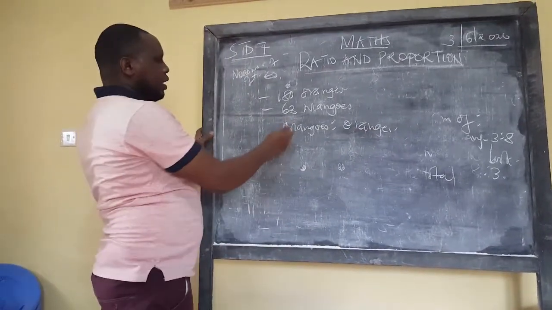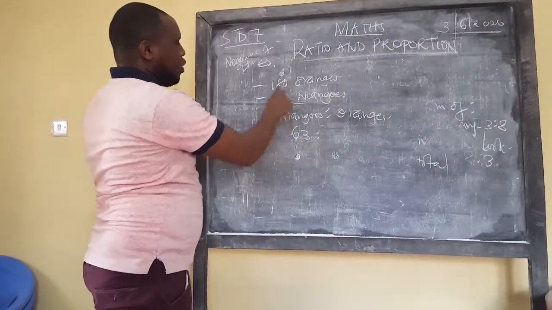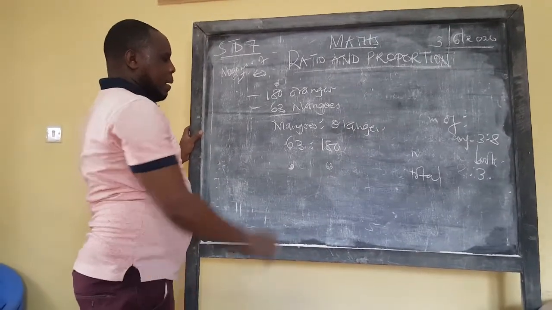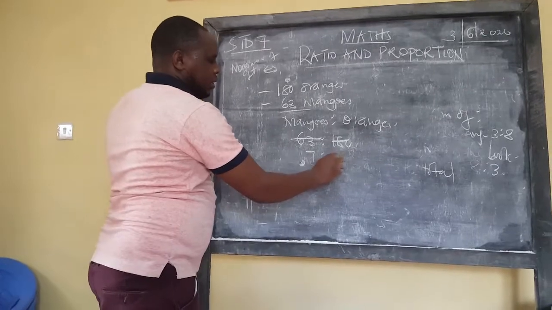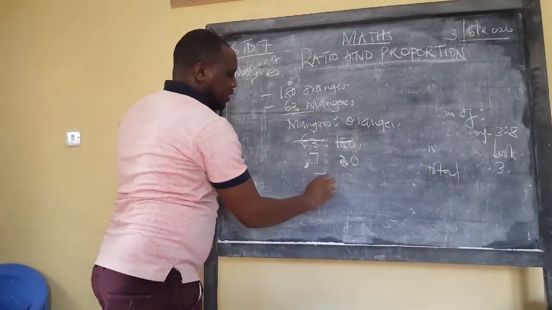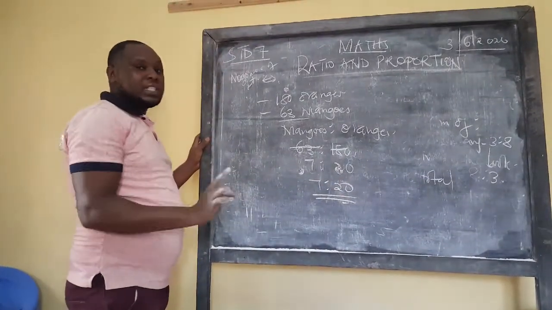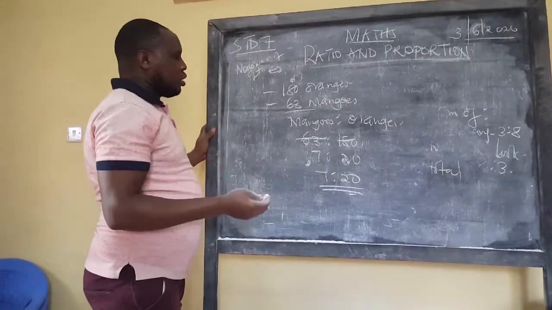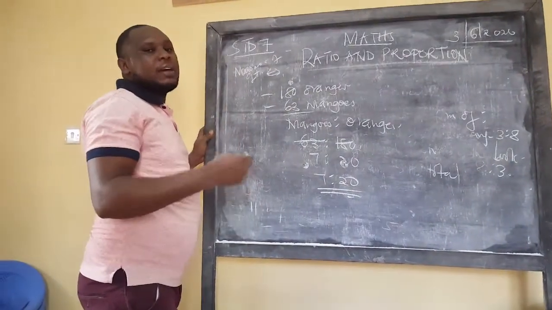And so you say, the mangoes are 63. You write 63 is to oranges 180. Simple as that. By 9, 7. By 9, 20. And your answer therefore becomes 7 is to 20. They have not said you write this as a fraction, but we can give ourselves a question and say, what is the ratio of mangoes to oranges written as a fraction?